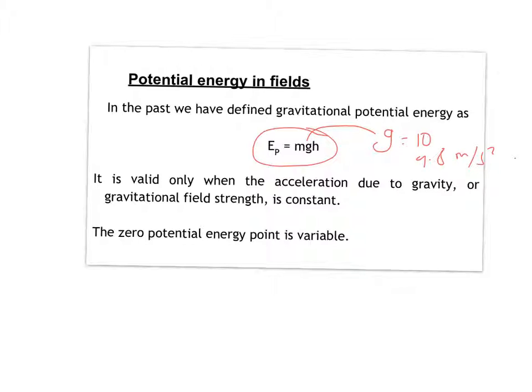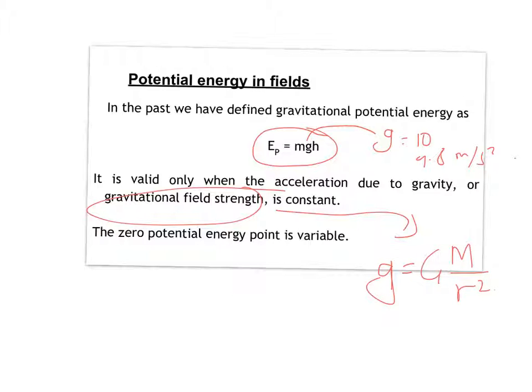However, the acceleration due to gravity, or the gravitational field strength, is not constant. It actually depends on these values. It's a varying function. So this is an approximation that we can only use very, very close to the Earth. We can think of it in terms of field lines as well.